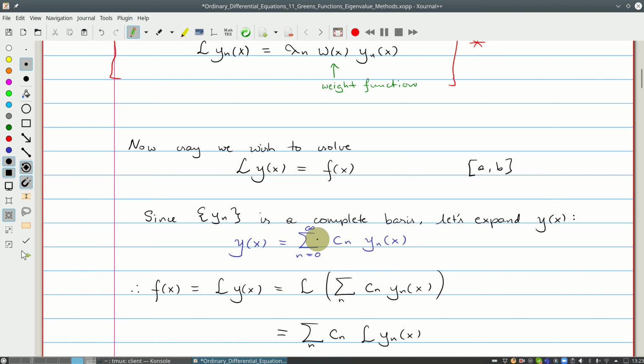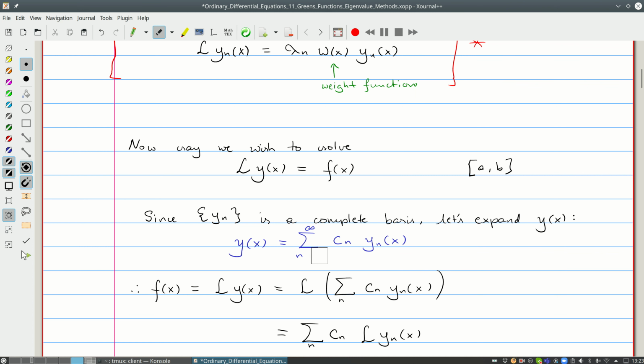In principle, the sum is an infinite sum, and it could even be an uncountable infinite sum. And this is again described at the very end of chapter 17 in Riley's book. There are situations, in fact it's quite often the case, that this sum needs to be an integral. But for our purposes, we'll keep this as a discrete sum.